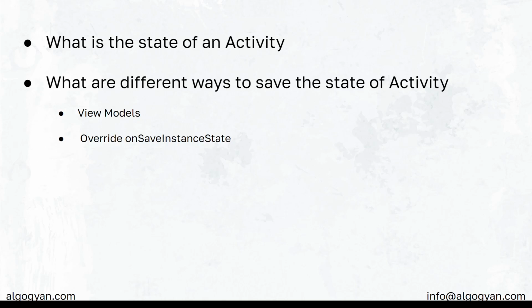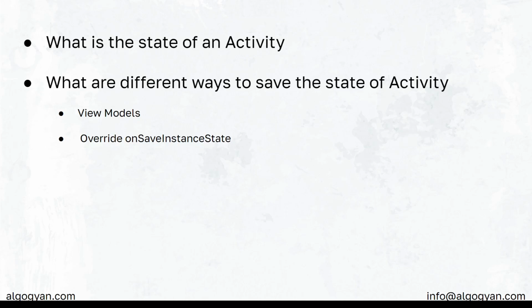With ViewModels, you basically don't store anything within the activity, you store everything in another class called ViewModel, and the system will not kill that ViewModel whenever the activity gets destroyed, and it just gives you back the same ViewModel whenever the activity is recreated.